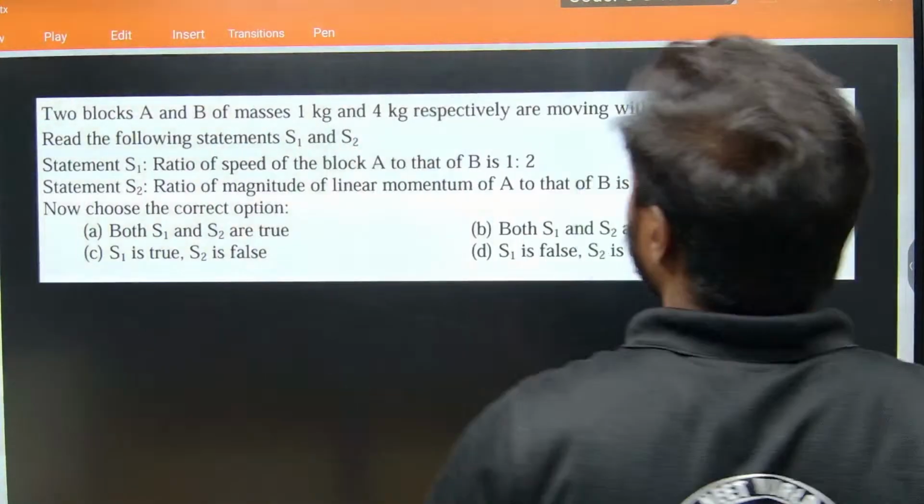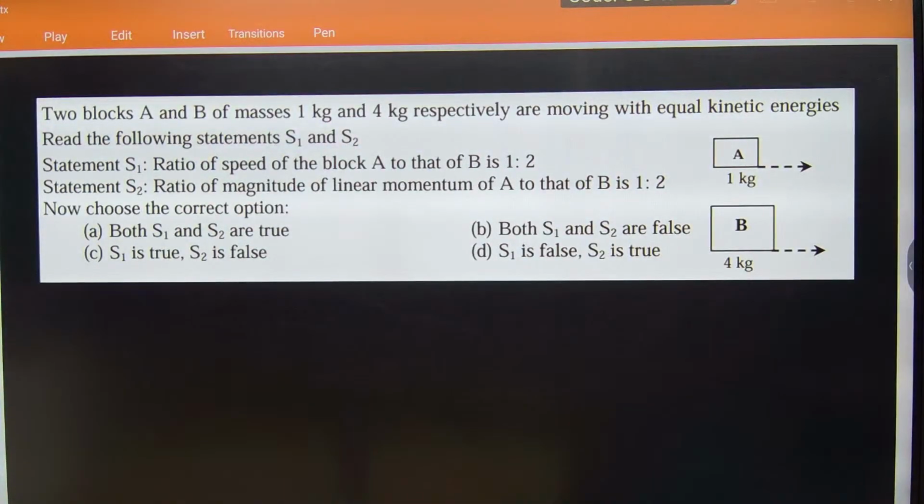Today's question is: two blocks A and B of mass 1 kg and 4 kg respectively are moving with equal kinetic energy. Read the following statements S1 and S2. Statement 1: the ratio of speed of block A to block B is 1:2.